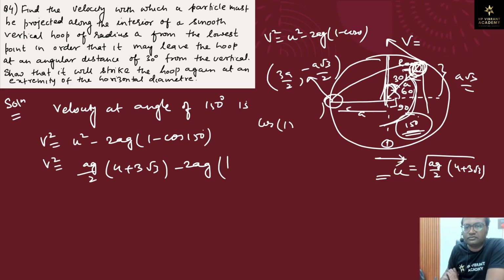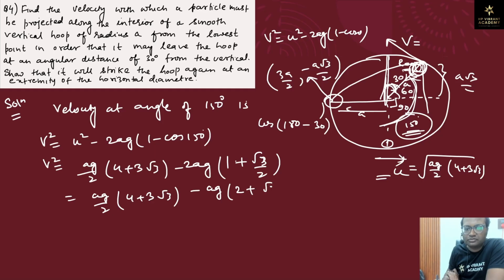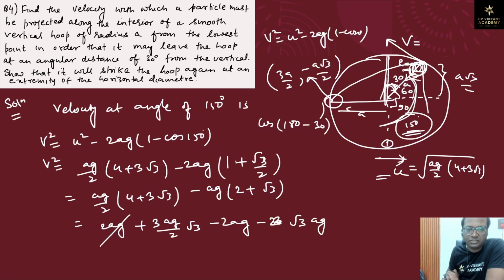Cos of (180 minus 30) is minus cos 30, so 1 plus root 3 upon 2. Okay, so this will be equal to ag upon 2 into (4 plus 3 root 3) minus ag (2 plus root 3). So this is equal to 2ag plus 3 root 3 ag upon 2, minus 2ag minus root 3 ag. Okay, so this gets cancelled.